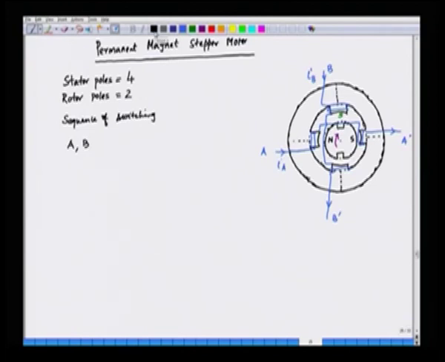The step size in this case would be 90 degrees. The sequence of switching will be A, B, and then we will change the direction of current: A prime, then B prime, and so on, then A. So, this is how the rotor rotates.